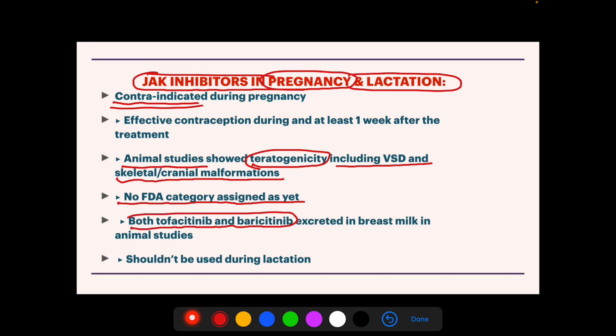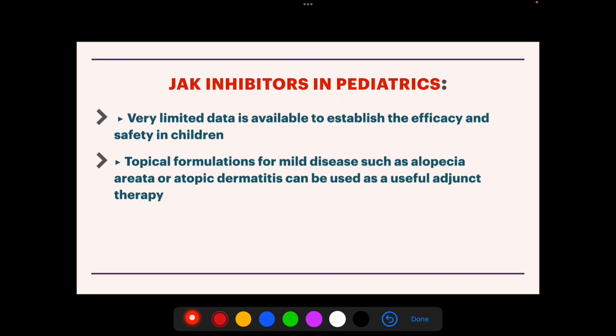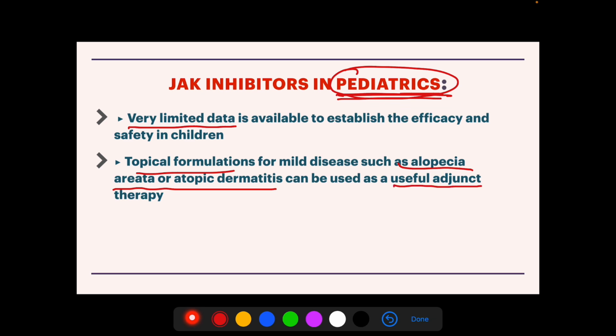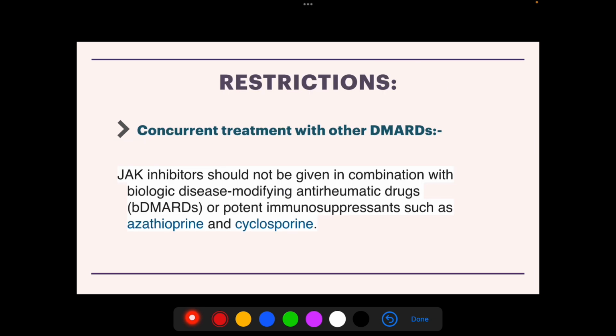Both Tofacitinib and Baricitinib are excreted in breast milk in animal studies, so they shouldn't be used during lactation either. JAK inhibitors used in pediatrics: very limited data is available to establish efficacy and safety in children. Topical formulations for mild disease such as alopecia areata or atopic dermatitis can be used as a useful adjunct therapy.